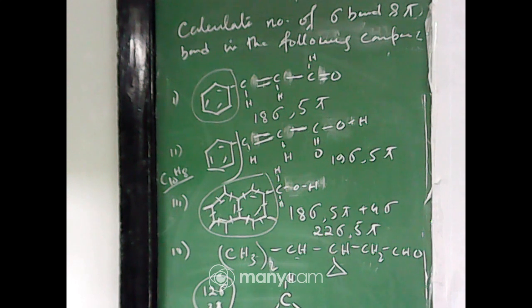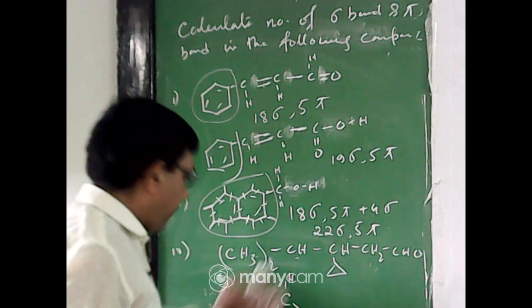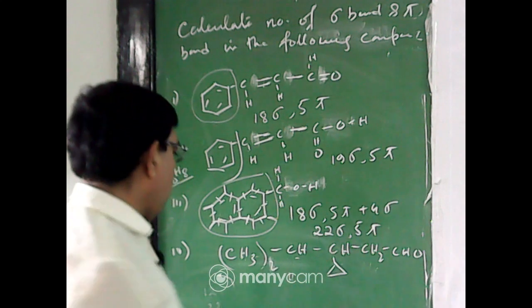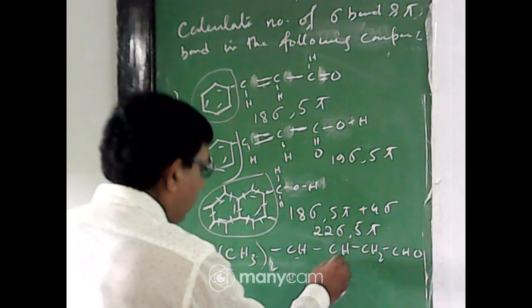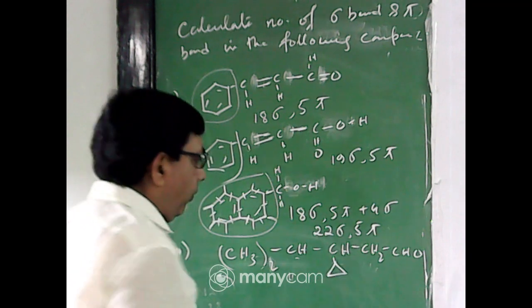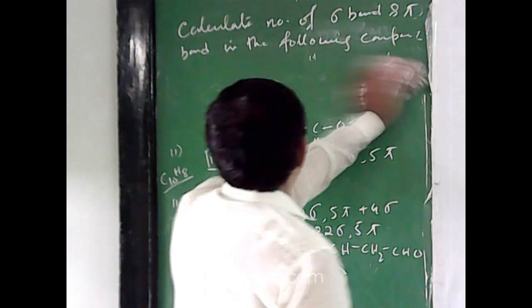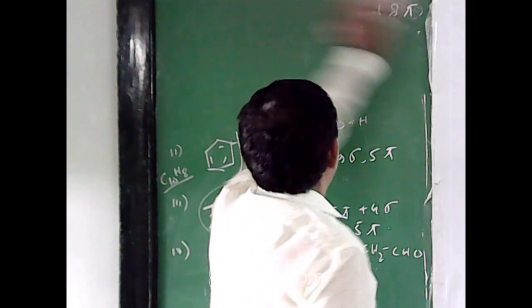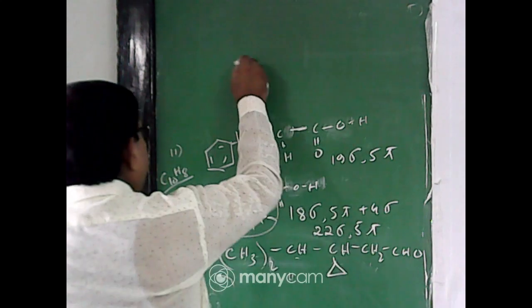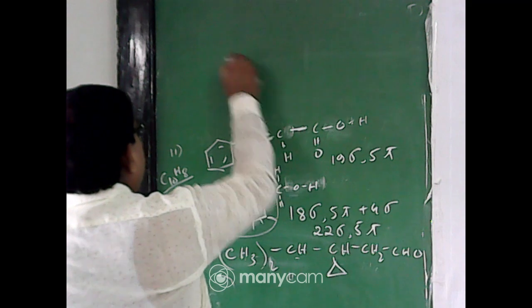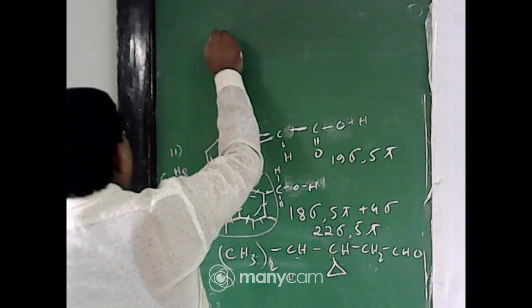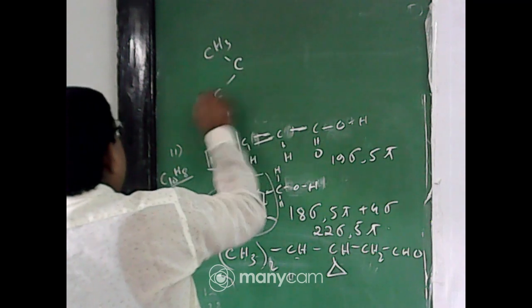Okay. Now in the last compound, this is not the benzene ring. This is not a benzene ring. CH3 whole 2 CH, this is cyclopropane. CH2 CHO. You first write the compound in structural form. How do you write this? CH3 whole 2, CH3.